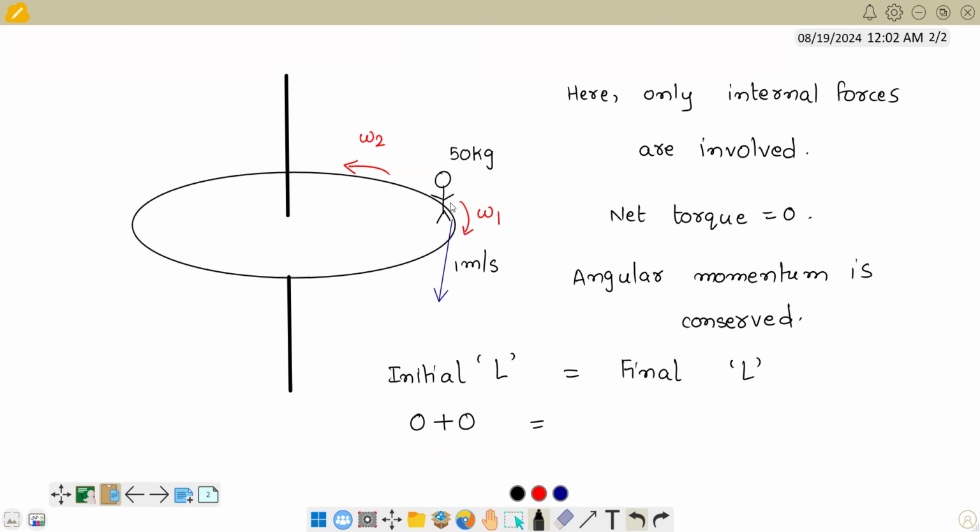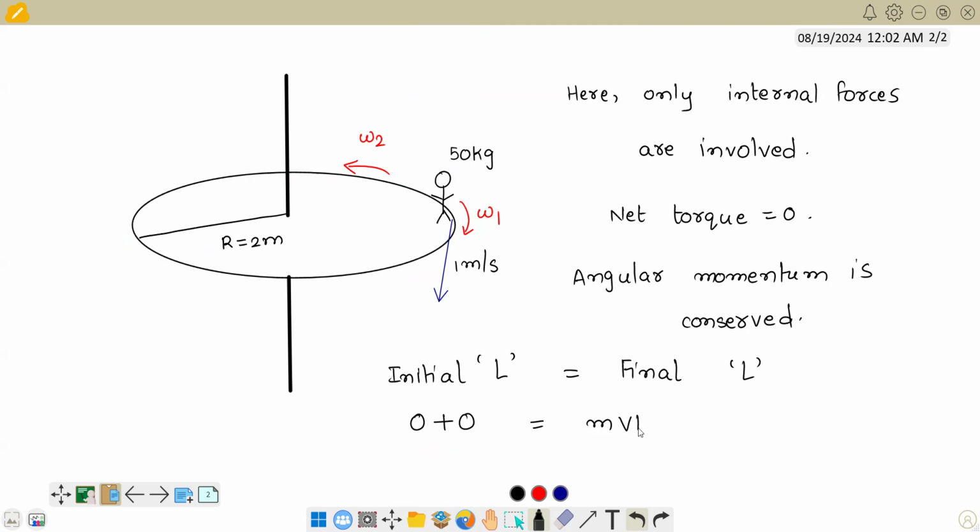Finally, if one is going clockwise, the other would go counterclockwise. So the final angular momentum is the angular momentum of the person, and if I assume the person as a point mass, it is m v r, where the radius is given as 2 meters.